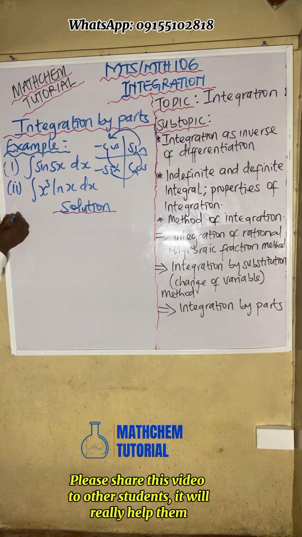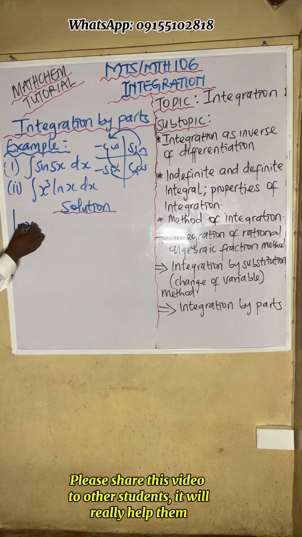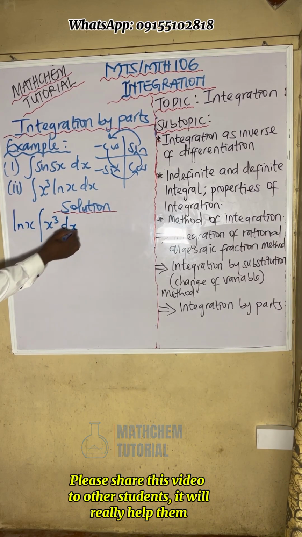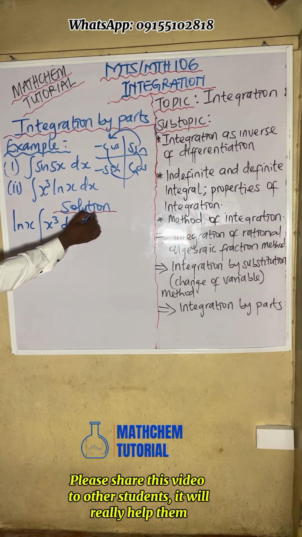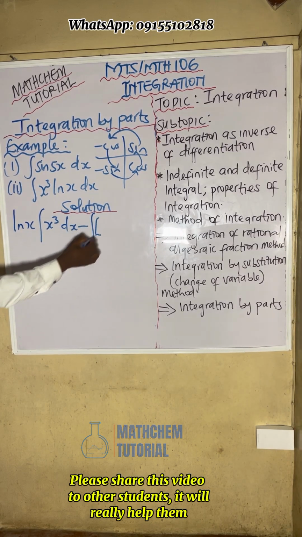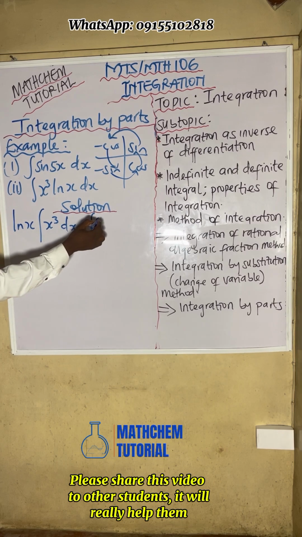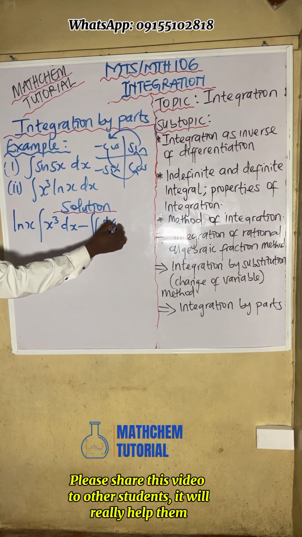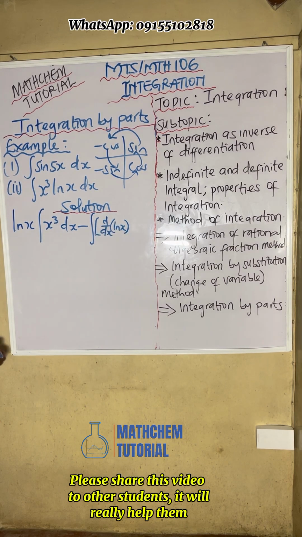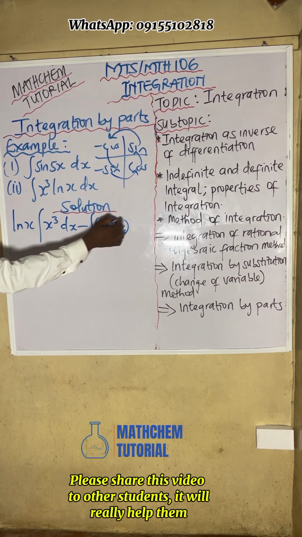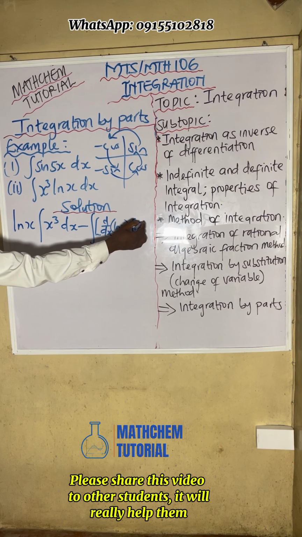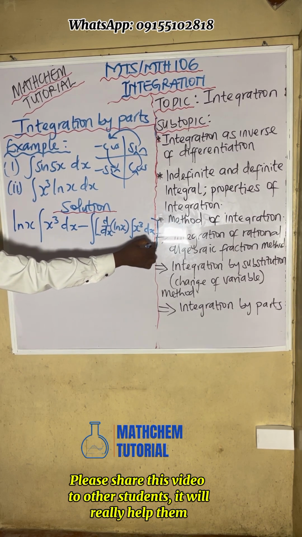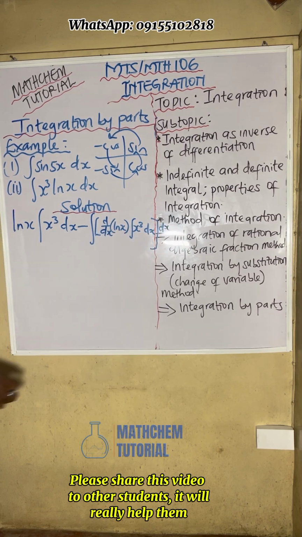Now let's start by saying ln x, then we integrate x cubed dx. Then you subtract the integral of, differentiating and then integrating, that is d over dx of ln x. We differentiate ln x, and also integrate x cubed, with dx. Close the bracket, everything dx.